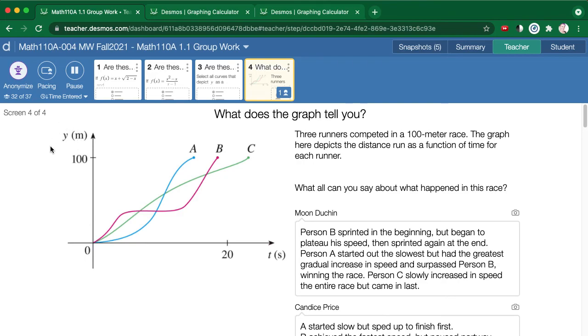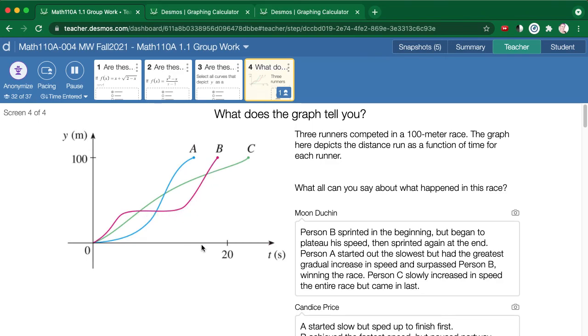And again, we're going to look at what is being graphed here. This is distance run over time. So if this is 40 meters, then B at this point is staying at 40 meters. B is not running at all. B has stopped running at this point and is standing still, resting, and then they are running really fast again.